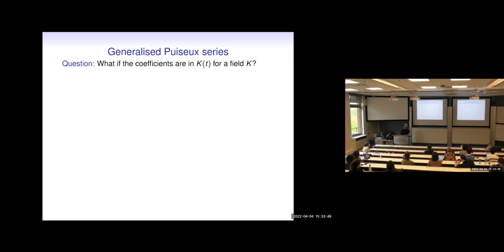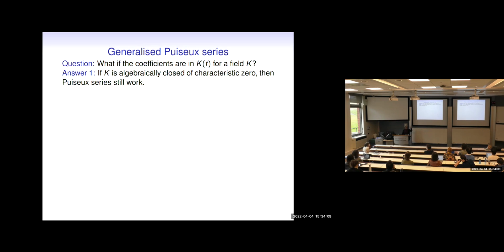Next question is, what if I go away from the complex numbers? What if I don't just work over the complex numbers, but over another field? If your field is algebraically closed of characteristic 0, you're still happy.